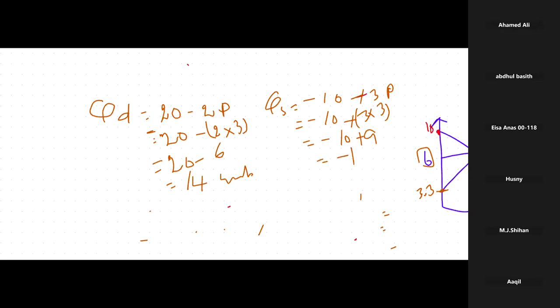Actually, practically QS, QD values do not come in minus, but in this question it has come. It's not a problem. That is just a conceptual error, not a numerical error. Therefore, this is the way you have to find. Then the excess demand, QD minus QS, 14 minus (minus 1). So what? 15 units.